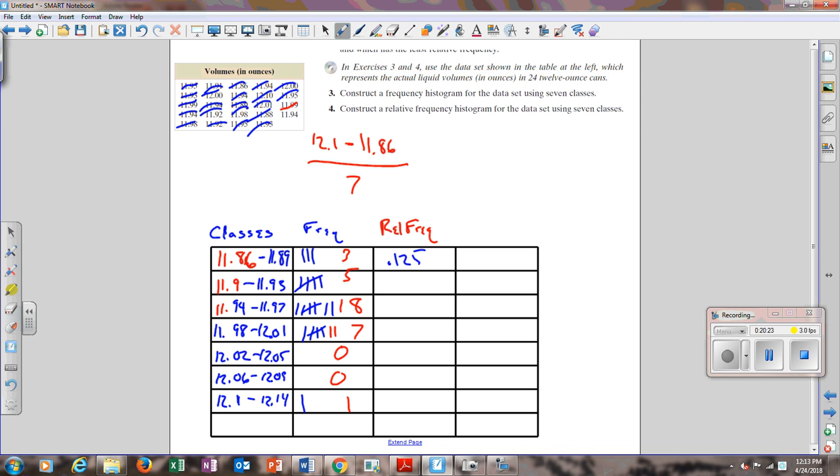Five divided by 24 is about 0.21. 8 divided by 24, 0.33. 7 divided by 24, 0.29. And 0 and 0. And the last one is 1 divided by 24, which is, we'll say, 0.04.